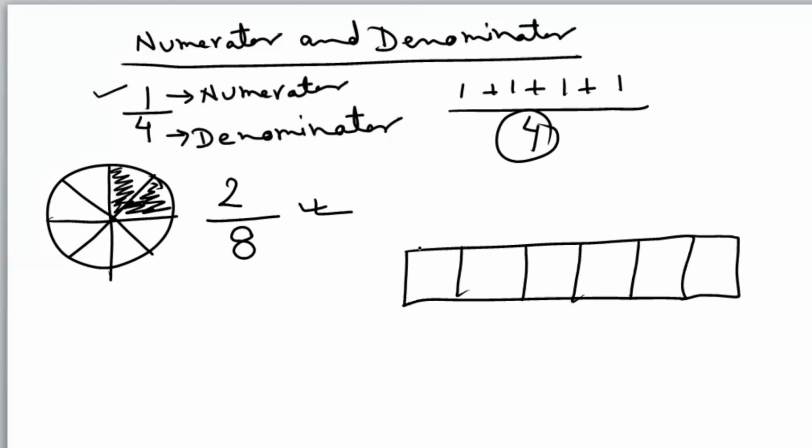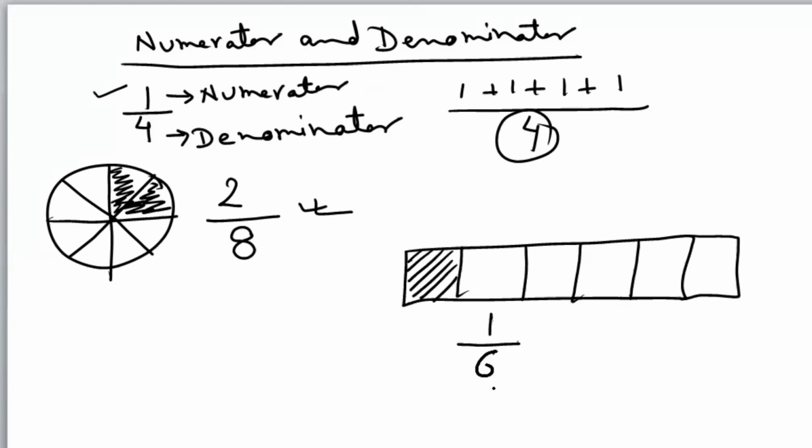So how will you do it? This one you will shade. Then how will you write the fraction of this one? How many parts are shaded? That will come on top. That is the numerator. Then how many total equal parts? 1, 2, 3, 4, 5, 6. That will go at the bottom.